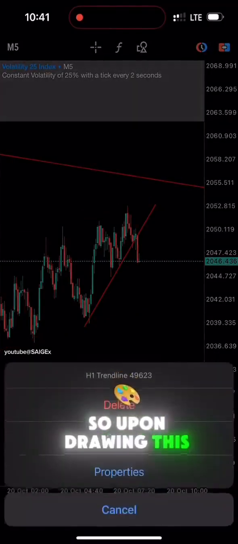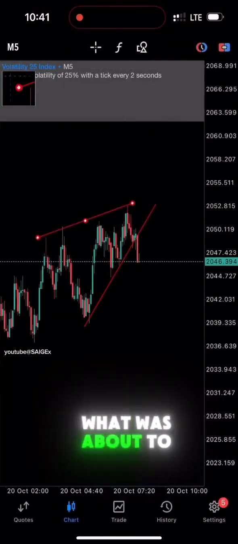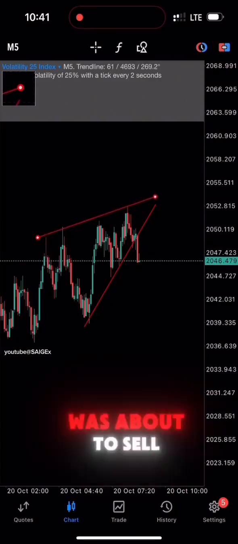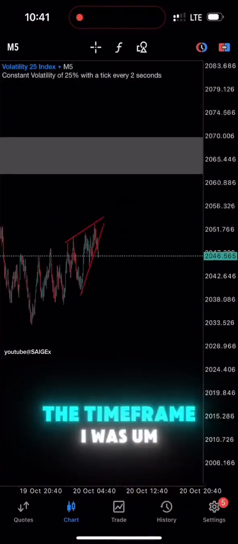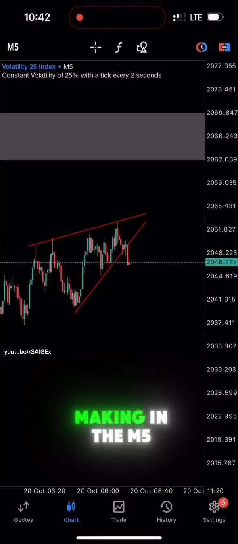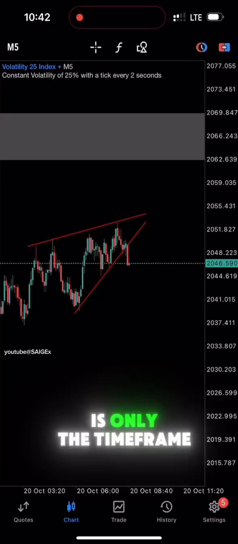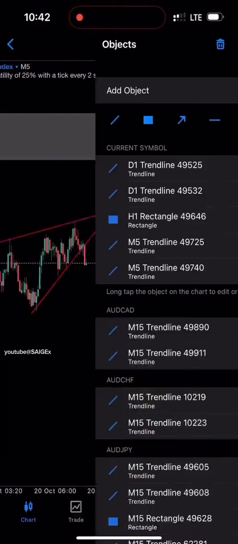So upon drawing this is how I was able to tell what was about to go next. That is, it was about to sell. Of all the time frames I was working with, the M5 is the only time frame where I was able to determine the trade.